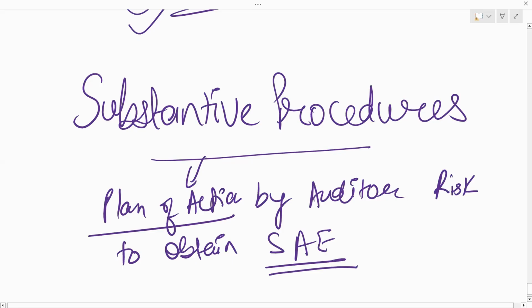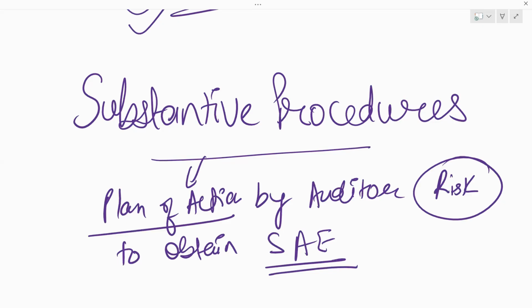So now I have to be more professionally skeptical that okay, this is the risk, and I have to obtain a little more evidence regarding the same. For example, in the question it was detection risk. Detection risk itself says that you do not have sufficient appropriate evidence. So now the auditor will put in place some courses of action, some procedures to seek that sufficient appropriate evidence and to detect any material misstatement if that is in the question.